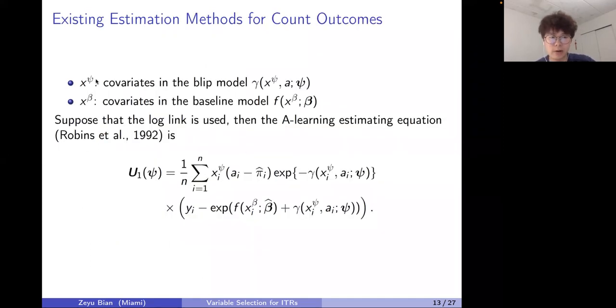So from now on, I will denote X psi as the covariates in the Blip model. And I will denote X beta as the covariates in the baseline model. Suppose that the log link is used. Then the A-learning estimating equation proposed by Robins looks like this.